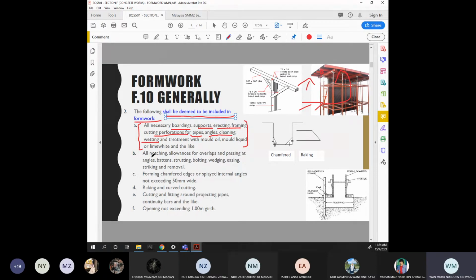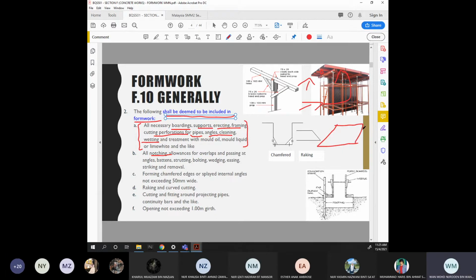B. All notching, allowance for overlaps, and passing at angles, batten, strutting, bolting, wedging, easing, striking, and removal. All notching. Notching ni lebih kurang macam tadi kan. Notching kita allow untuk kita buat lubang lah.